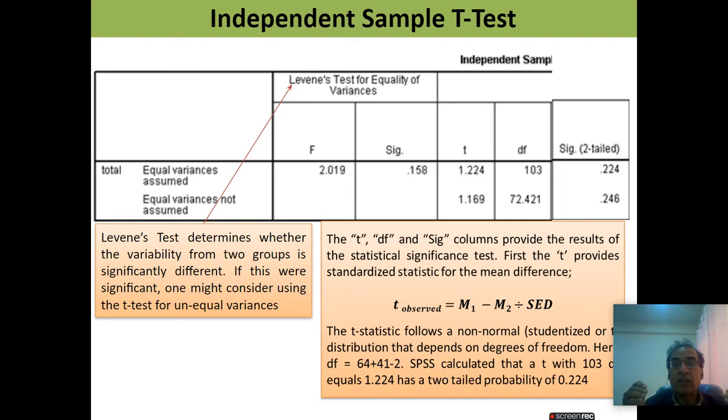The t-test follows a t-distribution that depends on degrees of freedom. Here degrees of freedom is equal to 64 plus 41 minus 2. SPSS calculates a t with 103 degrees of freedom equal to 1.22, with a two-tail probability of 0.22.